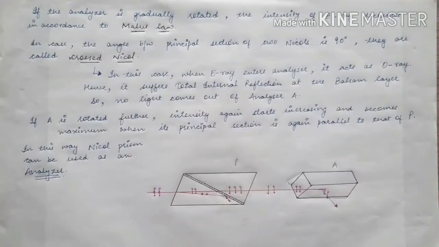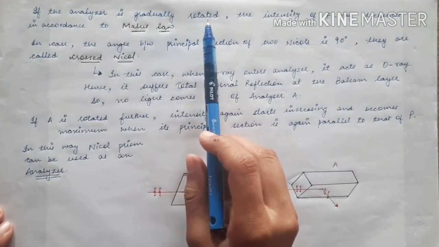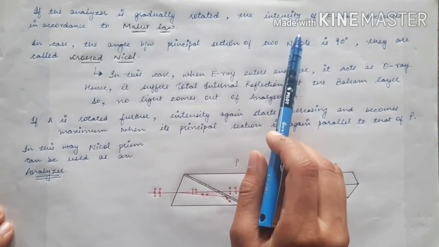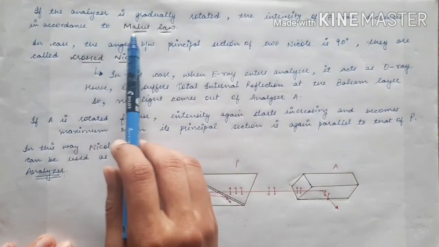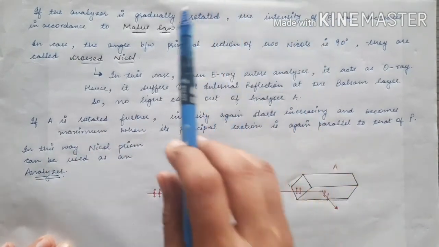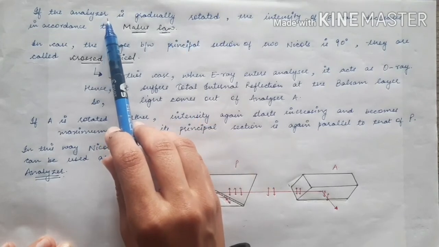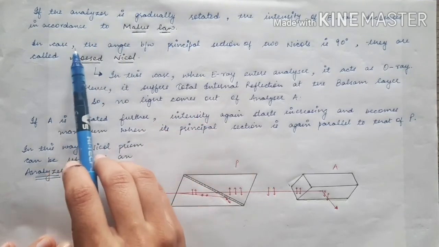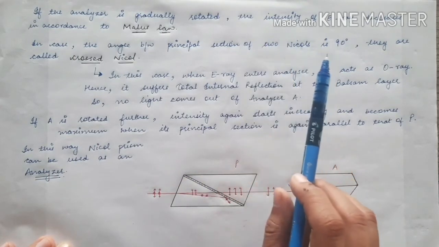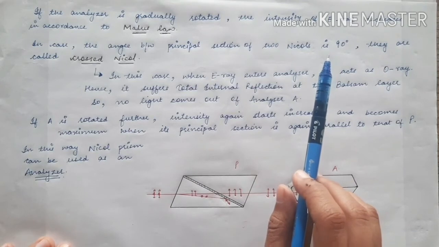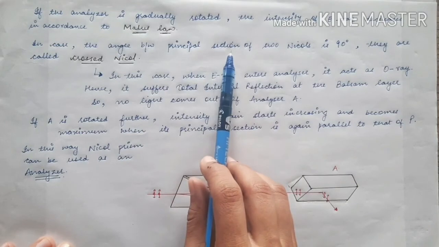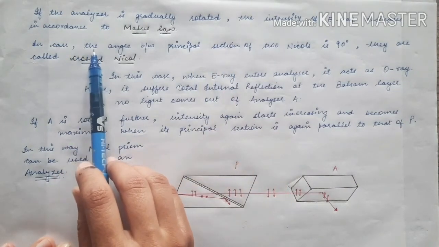So if the second Nicol prism, which acts as the analyzer, is rotated gradually, the intensity of the E ray decreases in accordance with Malus law. Earlier, in the first arrangement, the two principal sections were parallel to each other, but as you rotate the Nicol prism, the angle between the principal sections changes.